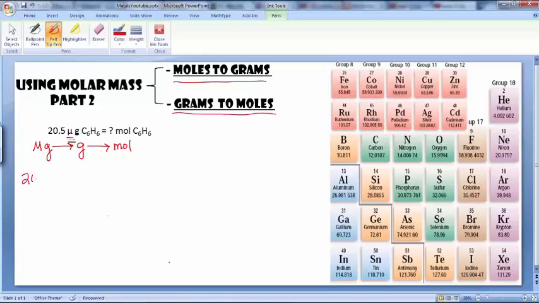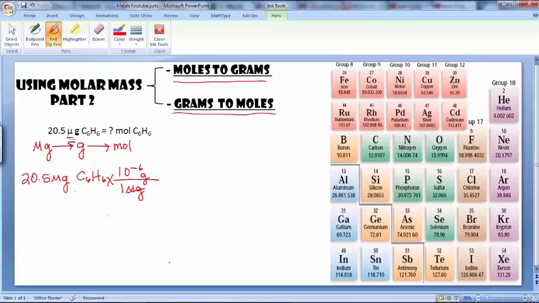So we have 20.5 micrograms of C6H6. So we need to get out of micro and into grams. So we put the conversion factor of 1 microgram is equal to 10 to the minus what? 6 grams.